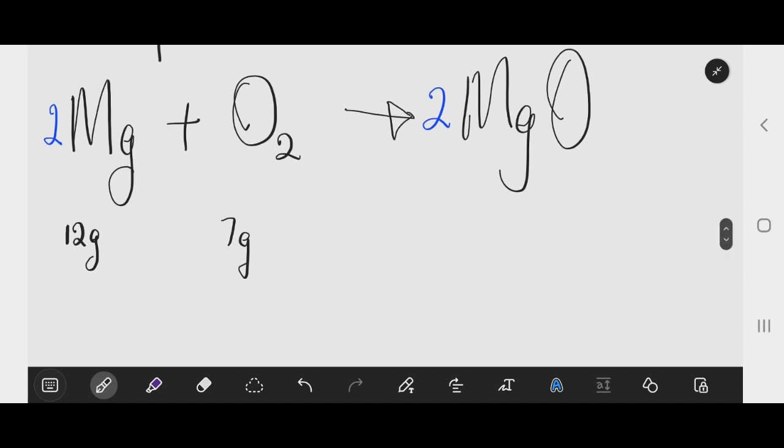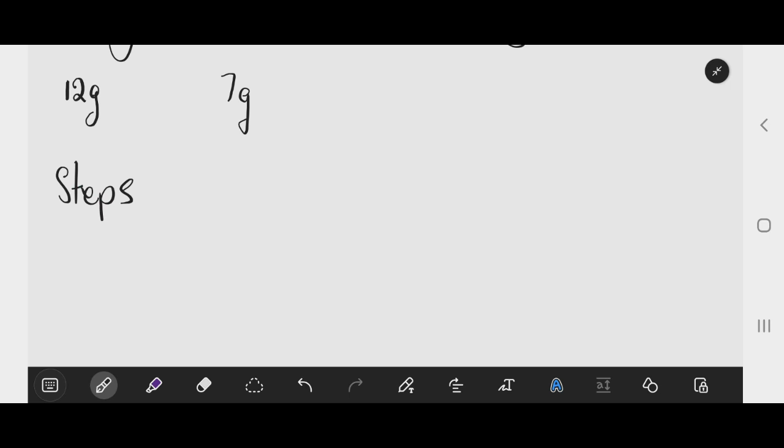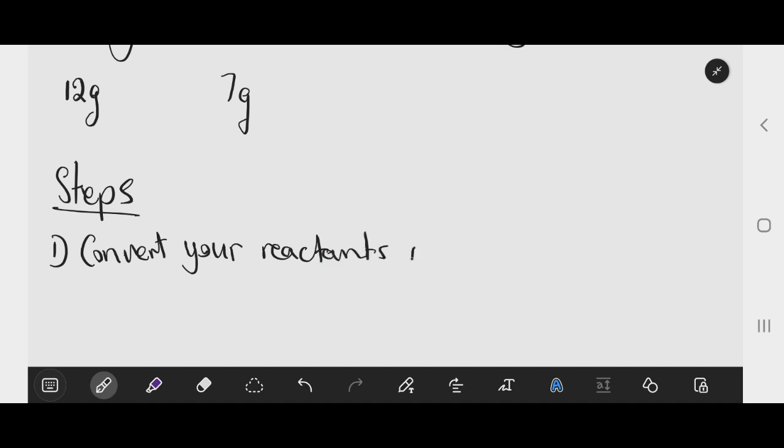So the steps that one has to follow in order to determine the limiting reagent. Step number 1, you make sure that your reactants are in number of moles. Convert your reactants into moles.